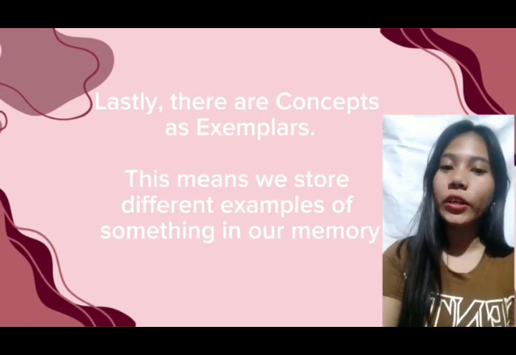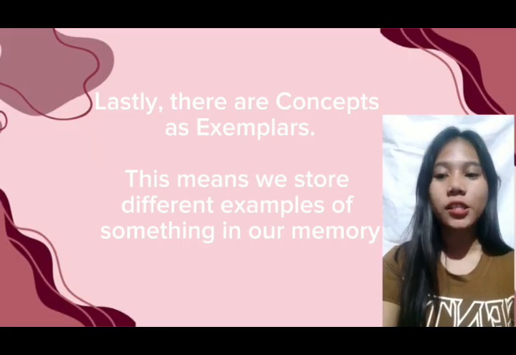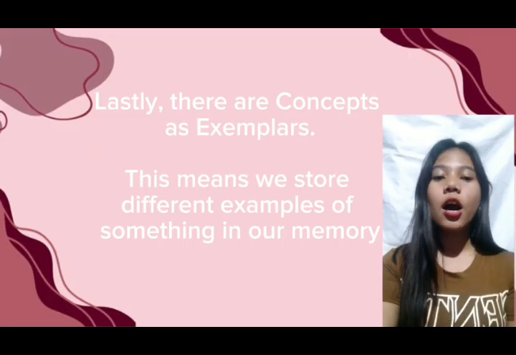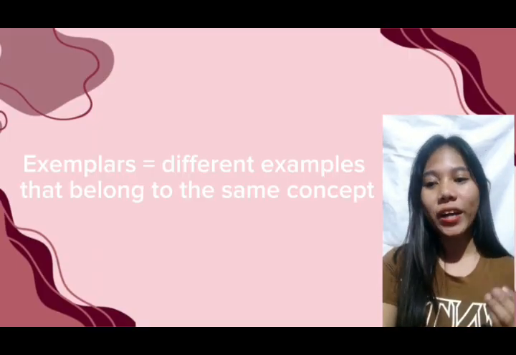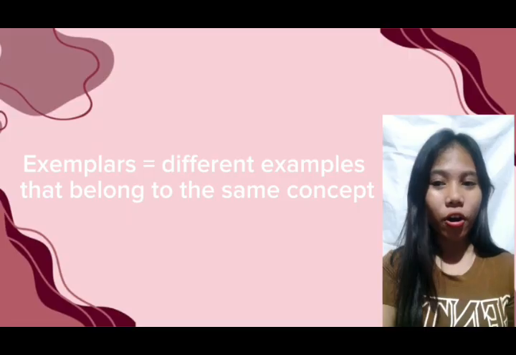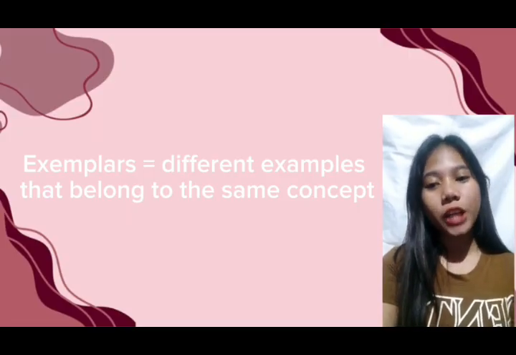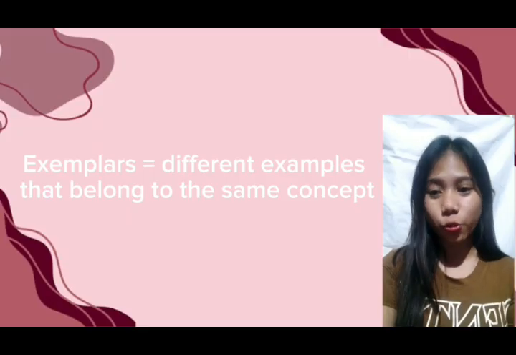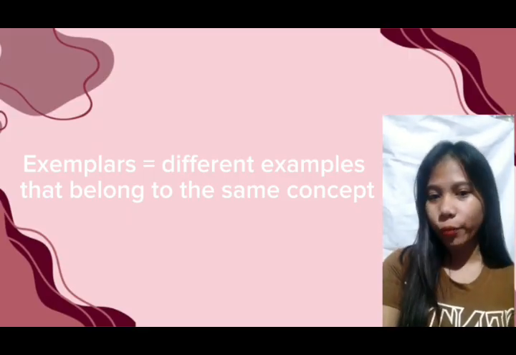There are also concepts as exemplars. These mean we store different examples of something in our memory. For example, when you think of vegetables, you might think of cabbage, kangkong, corn, squash, or potatoes. So, when you encounter a new vegetable like vitsuelas, you compare it with the examples you already know.